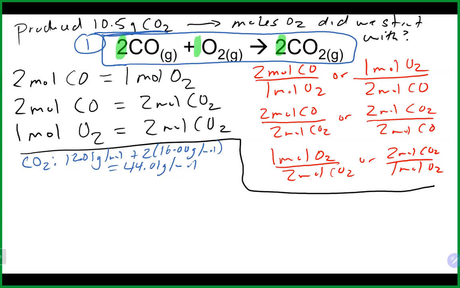So the second step is exactly what I said. We're just going to take whatever they gave us. And by the way, if it wasn't in grams, I might have to do a couple conversions to get it to grams, whatever it may be. But you want to basically get it to grams and then go from grams to moles.